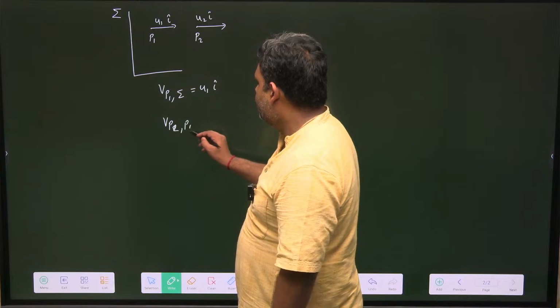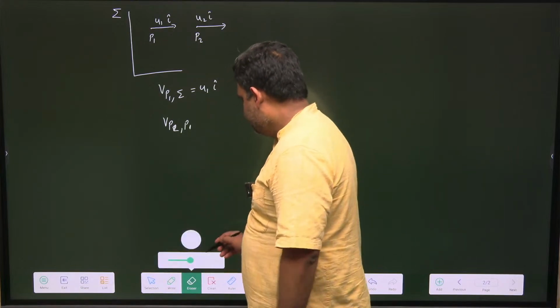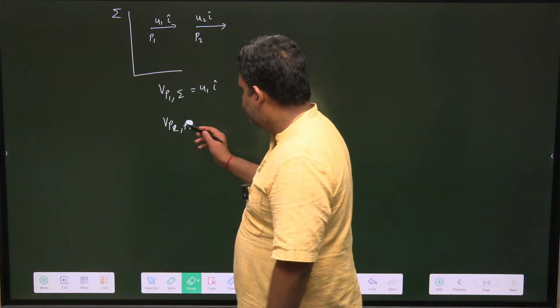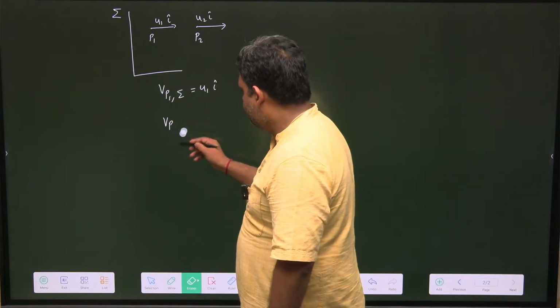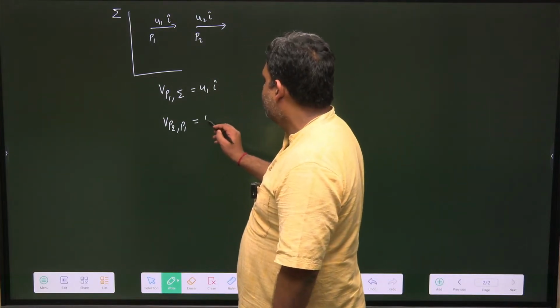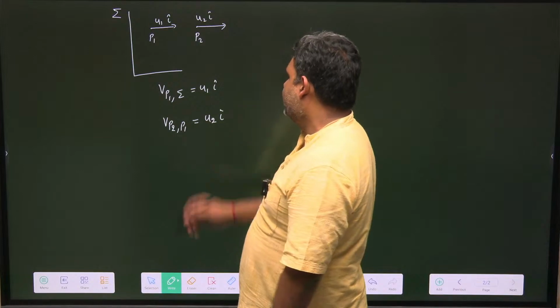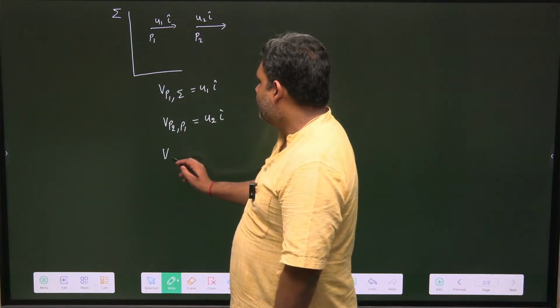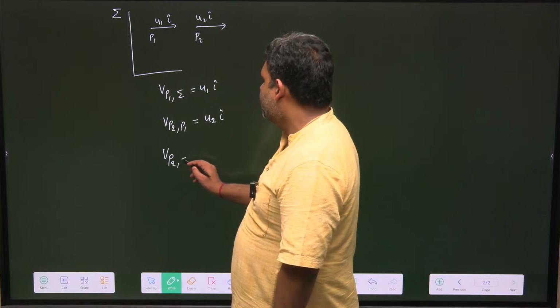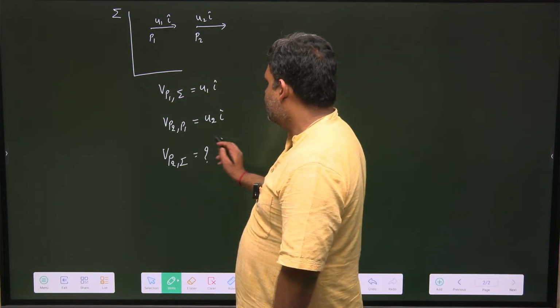Given: velocity of p2 with respect to p1 is equal to u2 I cap. What you have to do is calculate velocity of p2 with respect to sigma. This is your first question.